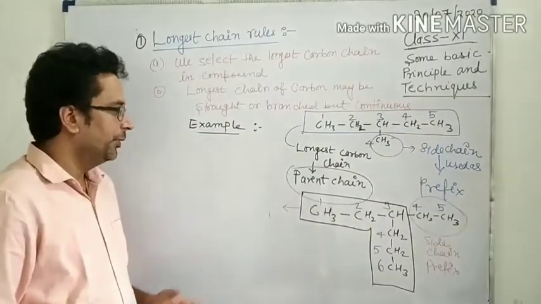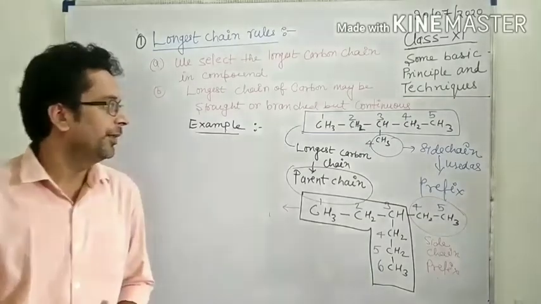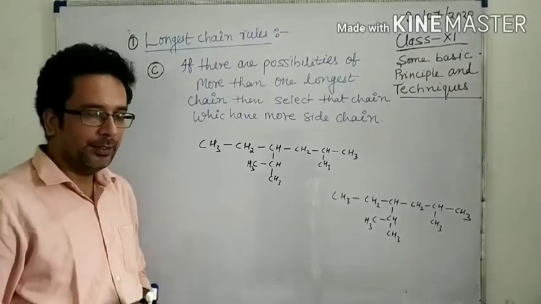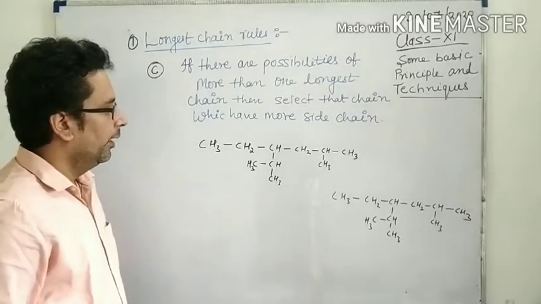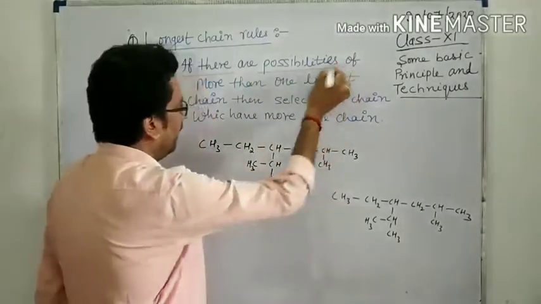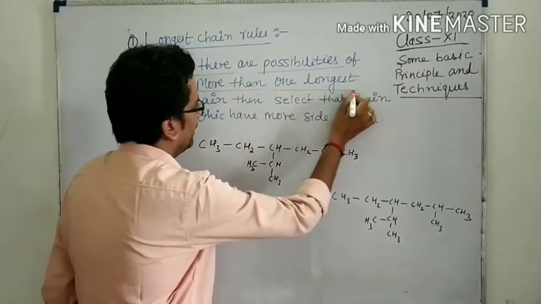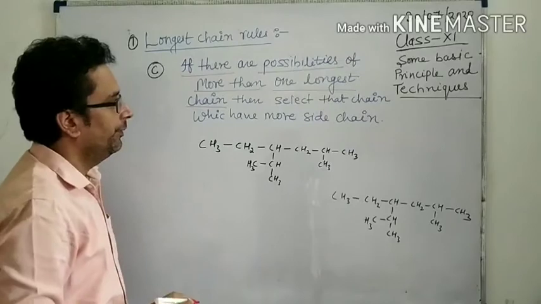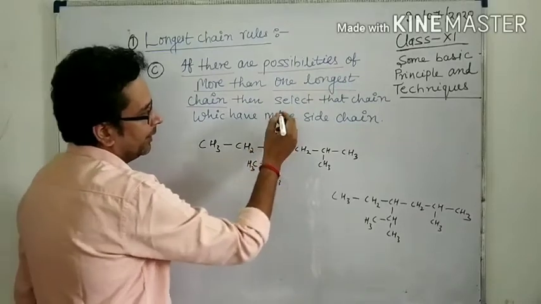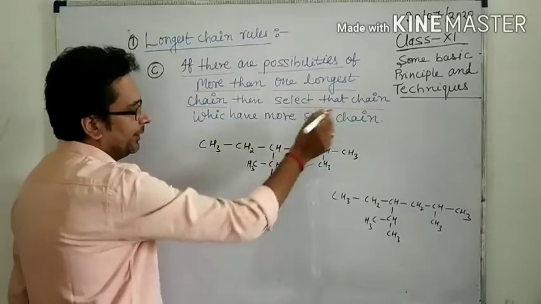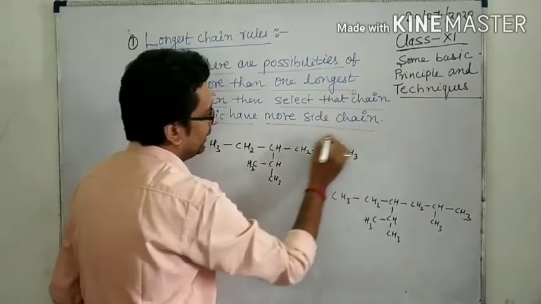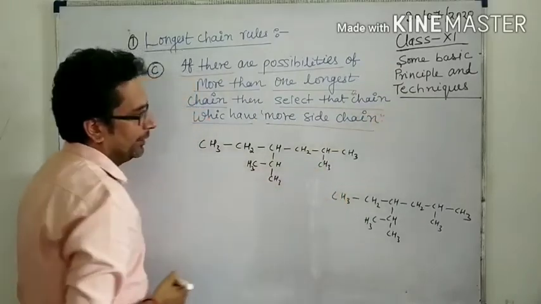So all of you take the screenshot of this and note down in your copy. Now the last point related to this first point, that is longest chain rule, is that, look here, if there are the possibilities of more than one longest chain, then select that chain which has more side chains.